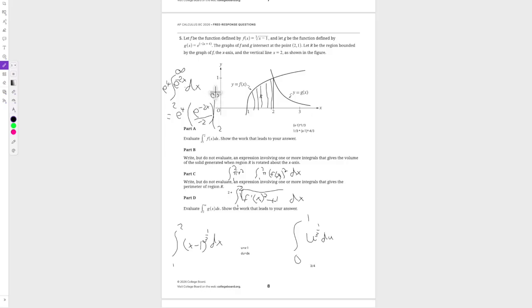Now, let's do the first bound, the infinity. We have e to the negative 2x. Now remember, you have a negative exponent, so this is going to be the same as 1 over e to the 2x. Now what's 1 over e to the 2x as x goes to infinity? This is going to be a fraction with an extremely large denominator, which gets closer and closer to 0.